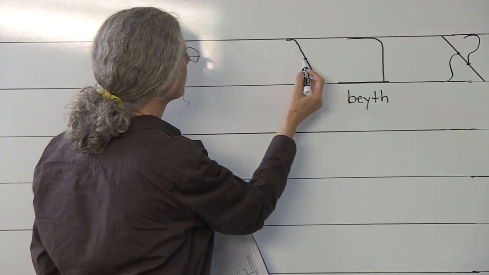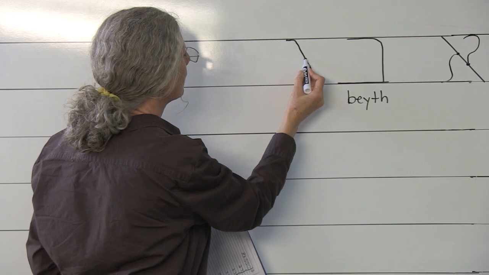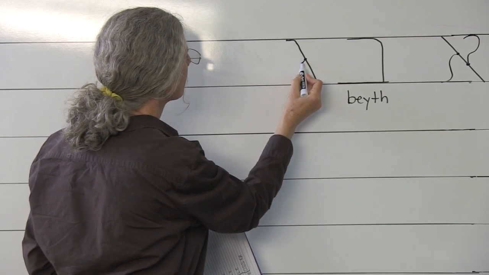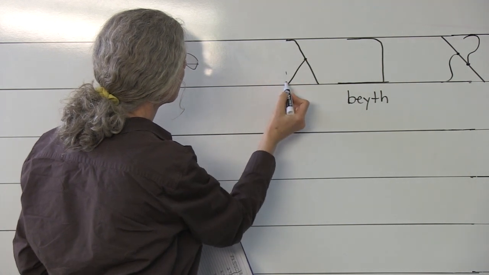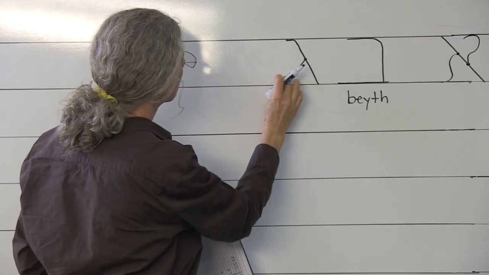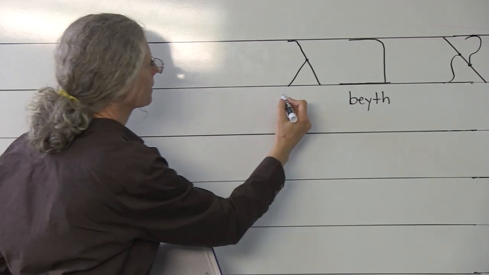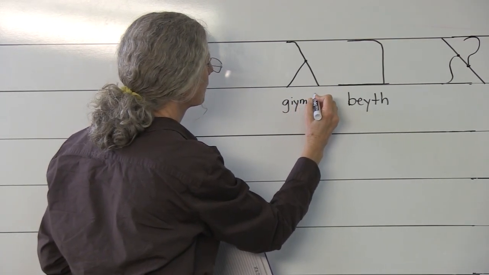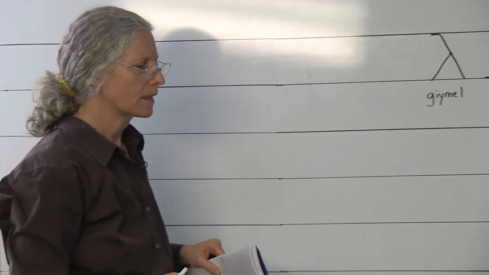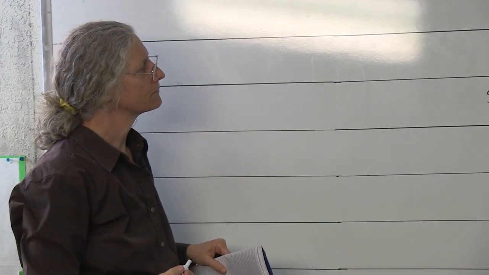And that's your mark to come out with the walking leg of the Gimel. So it's a diagonal. So you can see it's balanced. This is balancing this top here. And it's like a walking leg. So that's Gimel. Okay, so do several of those.